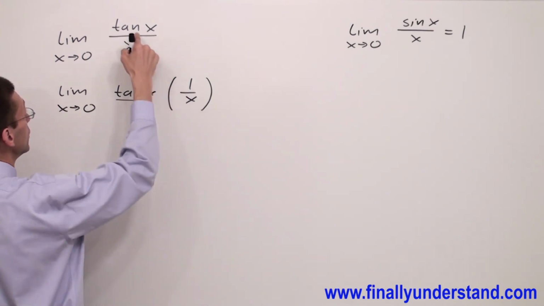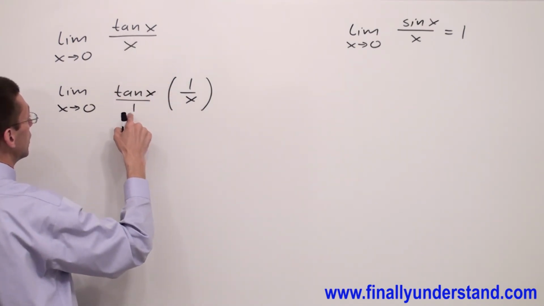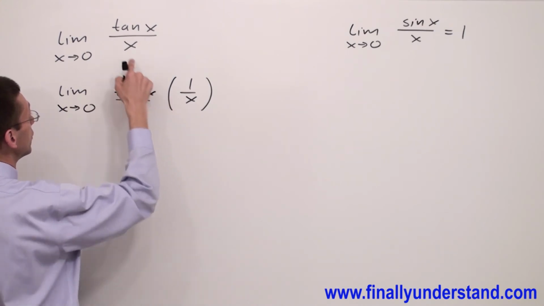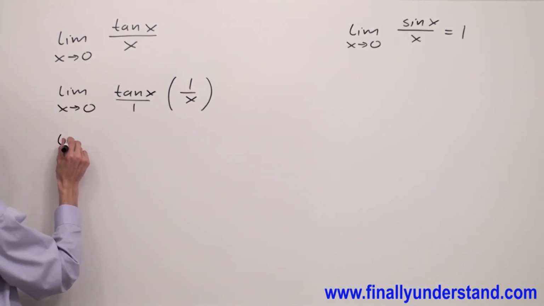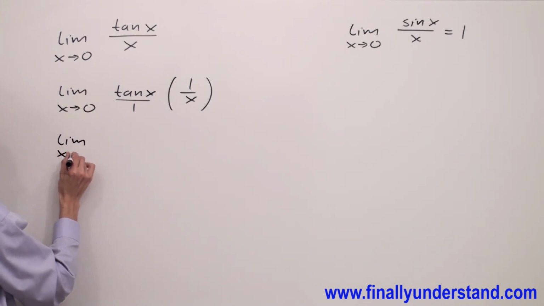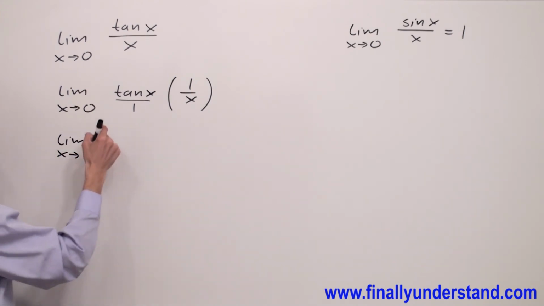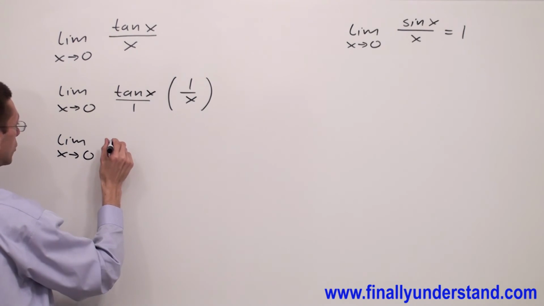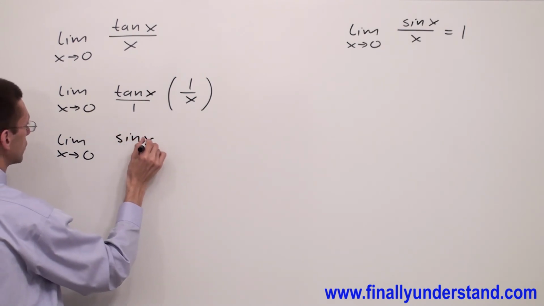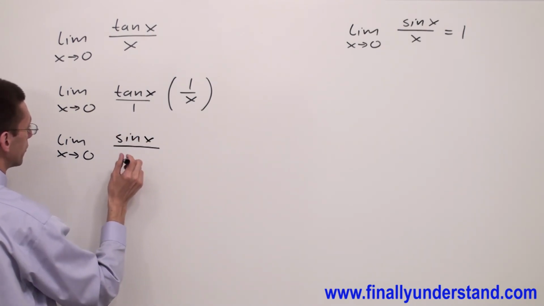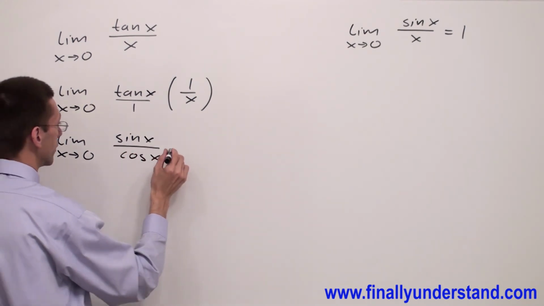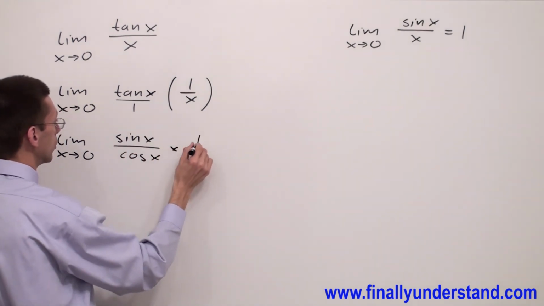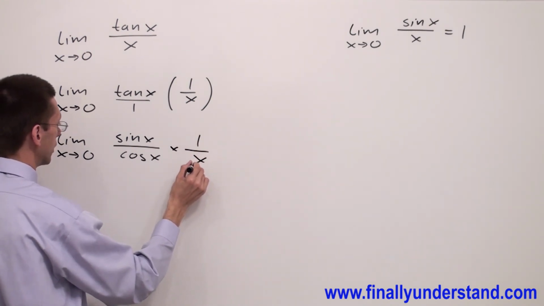Tangent times 1 gives me tangent x, and I have 1 times x gives me x. Also, you're supposed to keep in mind that tangent x is equal to sine x over cosine x. Of course, times 1 over x.